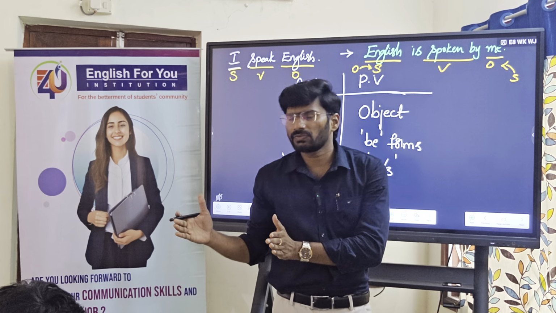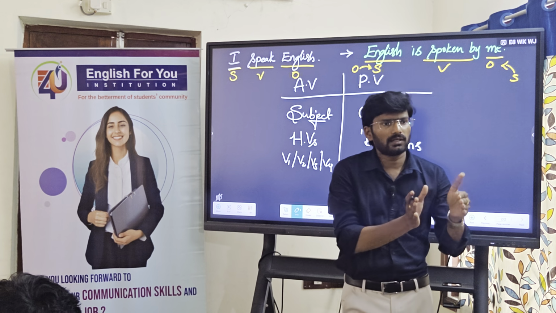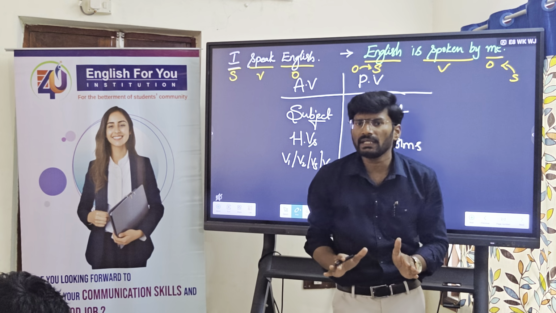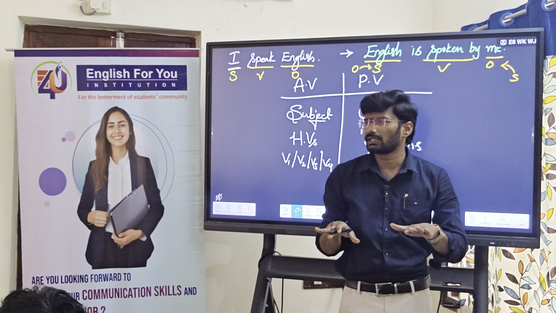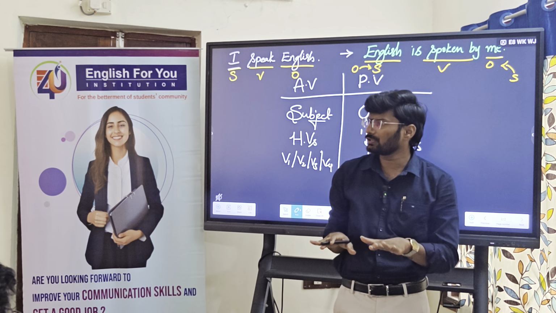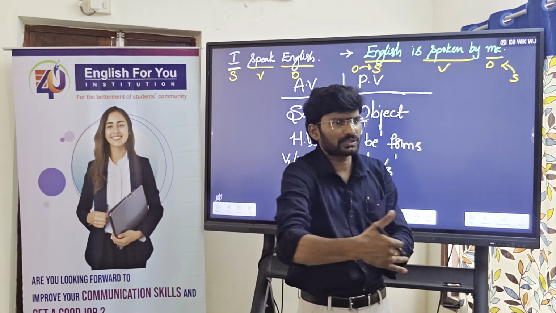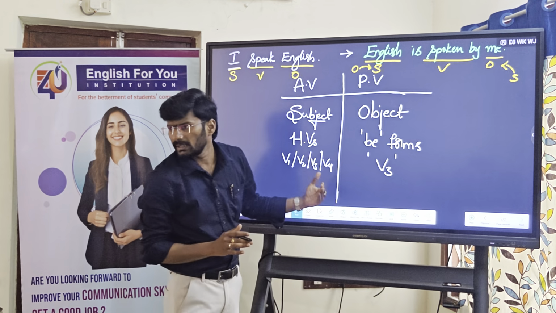In perfect tenses we use V3, which means past participle, and of course in the passive voice also we use V3 only, irrespective of any tense. If it is continuous, we use V3. If it is perfect, we use V3. If it is simple, we use V3. If it is past perfect continuous, we use only V3. How? We are going to see. Is it clear? Yes, sir.